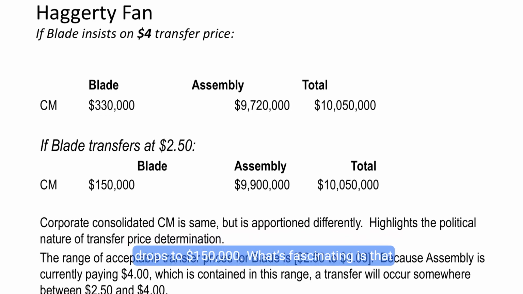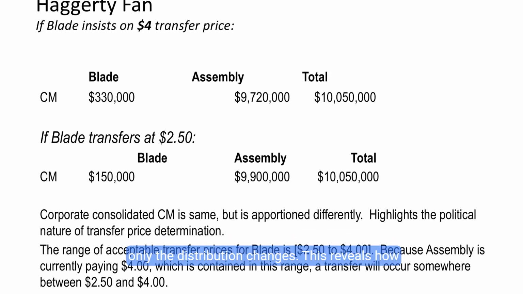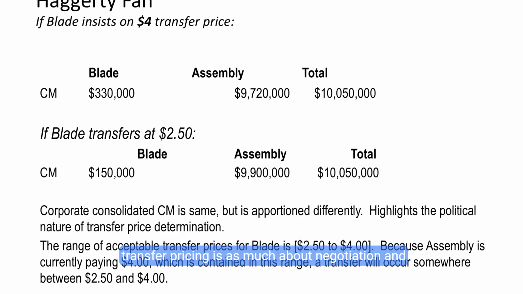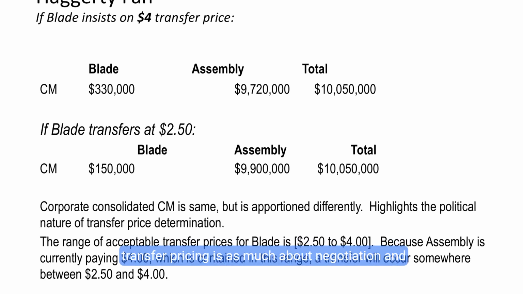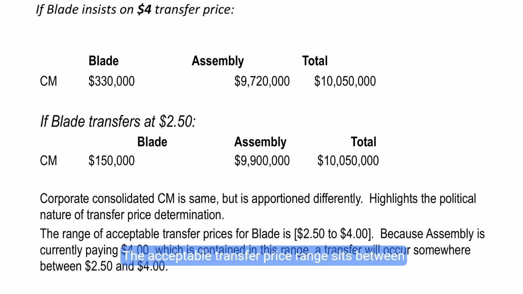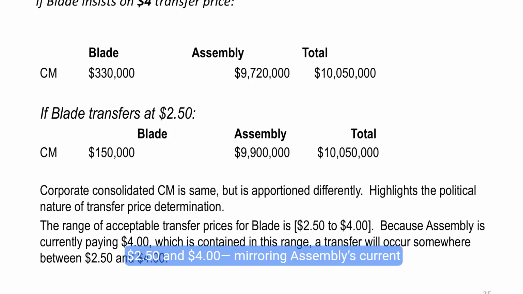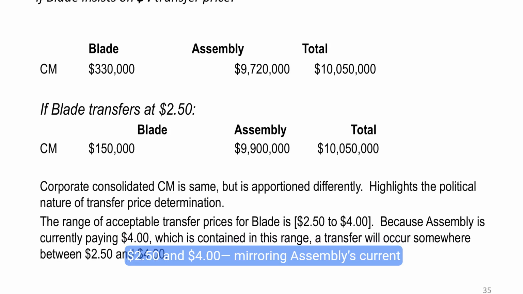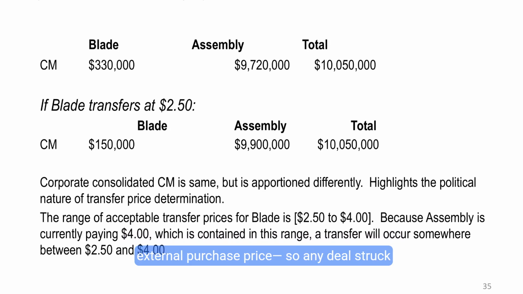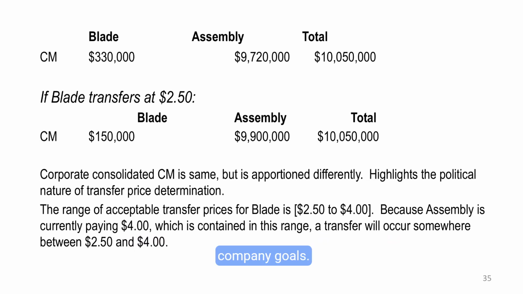What's fascinating is that corporate consolidated profit stays the same, only the distribution changes. This reveals how transfer pricing is as much about negotiation and divisional incentives as it is about economics. The acceptable transfer price range sits between $2.50 and $4, mirroring Assembly's current external purchase price, so any deal struck within this window keeps everyone aligned with company goals.